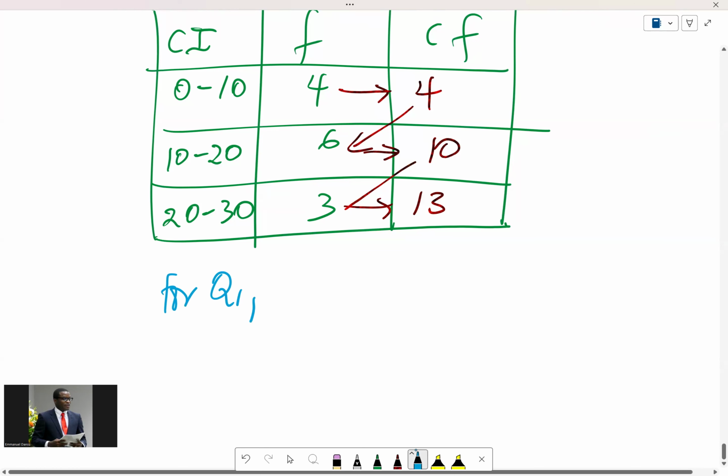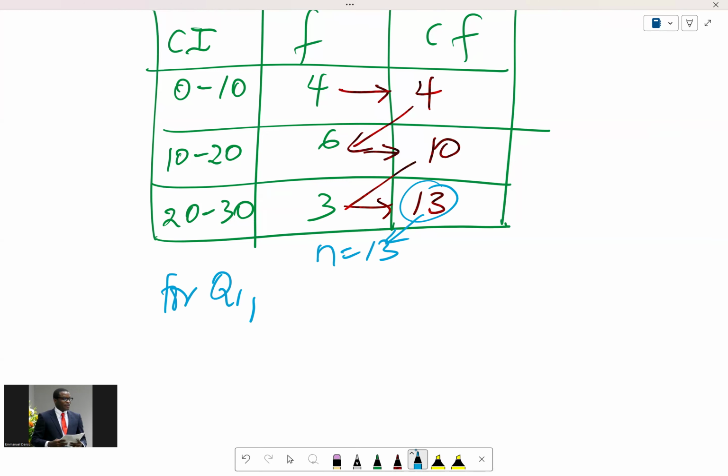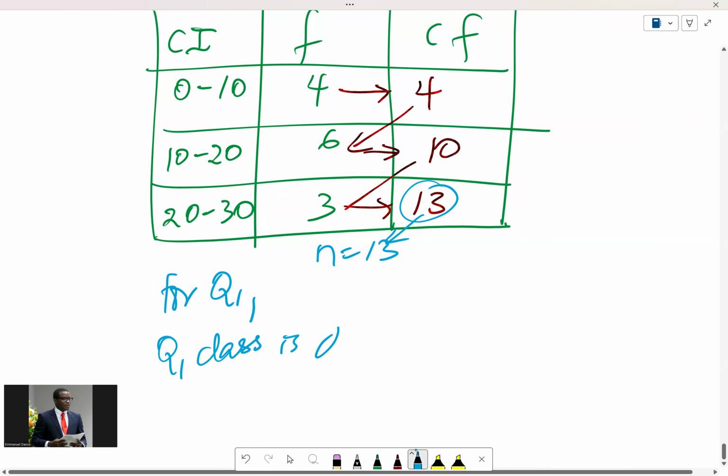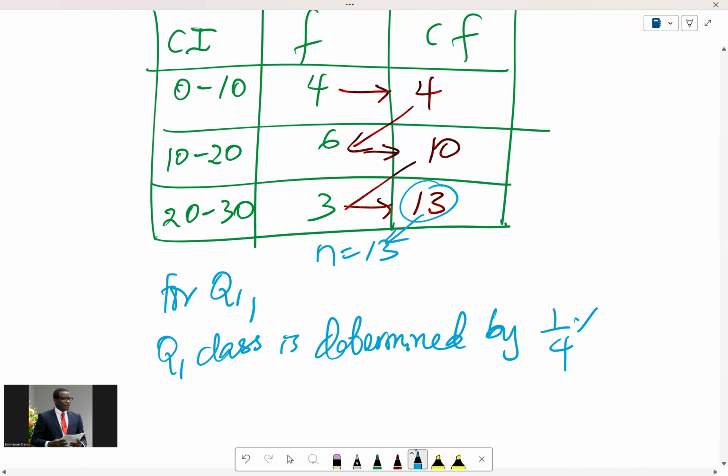Of course, we know that N is equal to 13. This total cumulative frequency is 13. So the Q1 class is determined by 1 over 4 times 13.